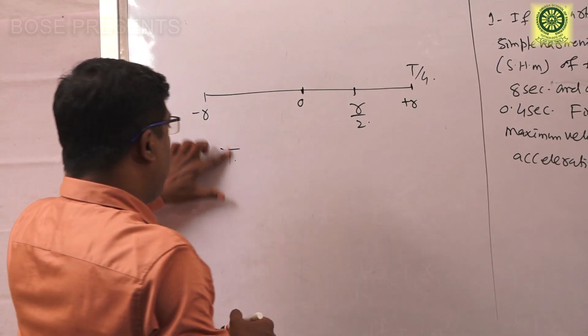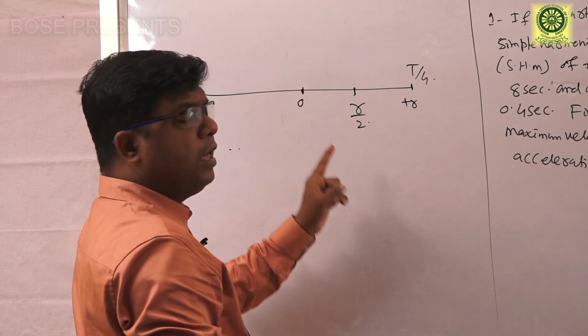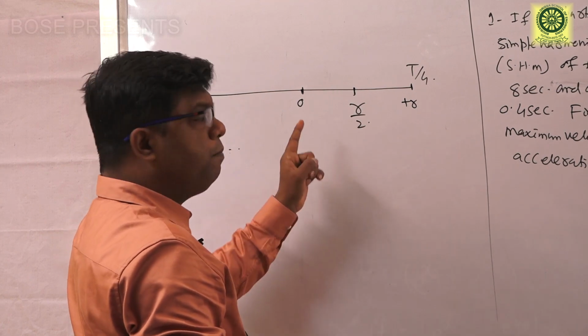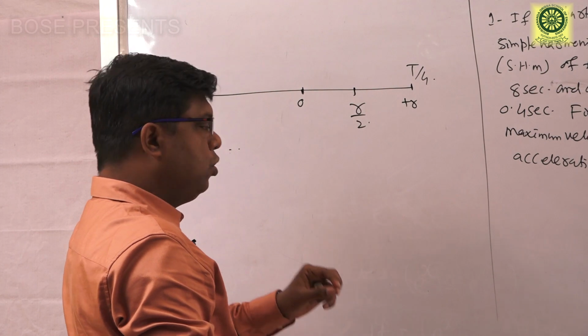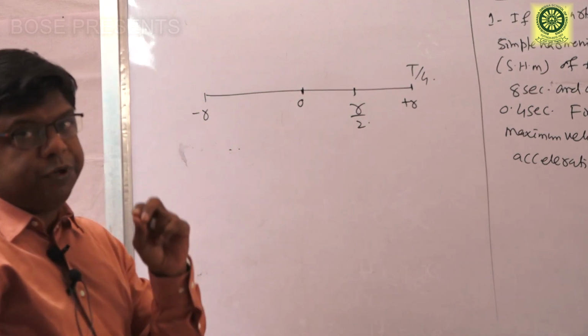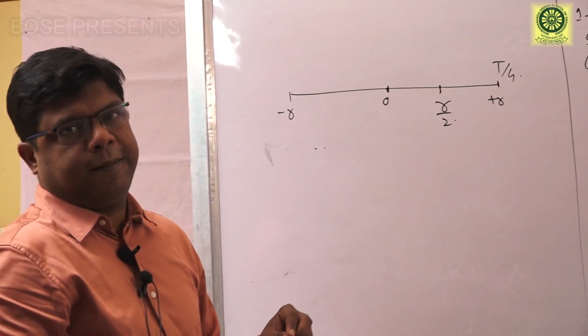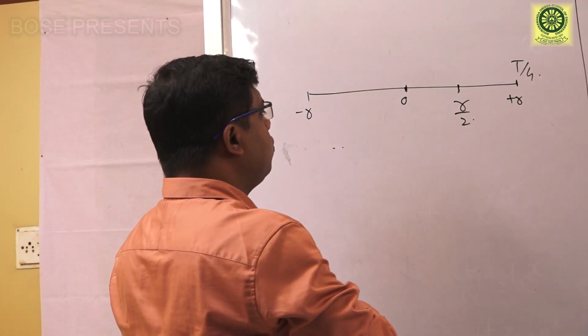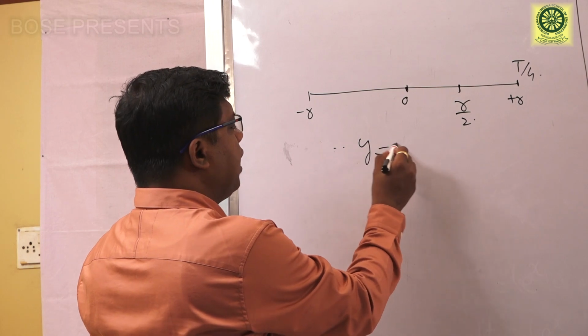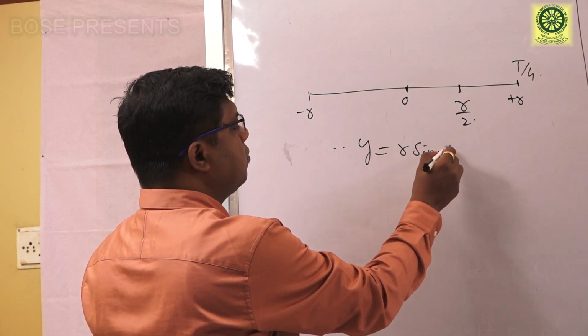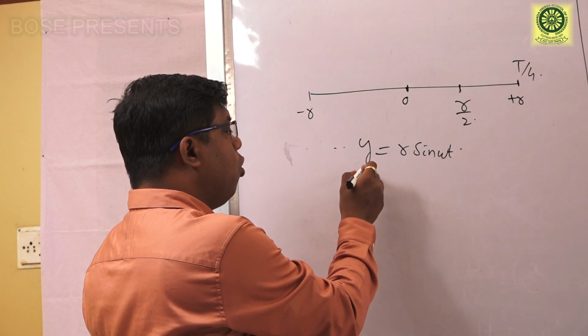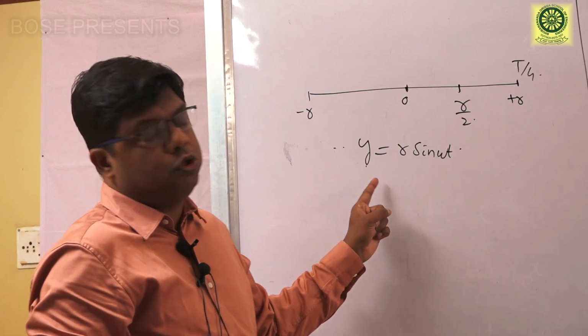So how to calculate the time taken by the particle to travel from mean position to half of the amplitude? I had given the expression for the displacement of a particle in SHM in the last class, that is y is equal to r sin omega t. Y is always measured from the mean position, the most important point.